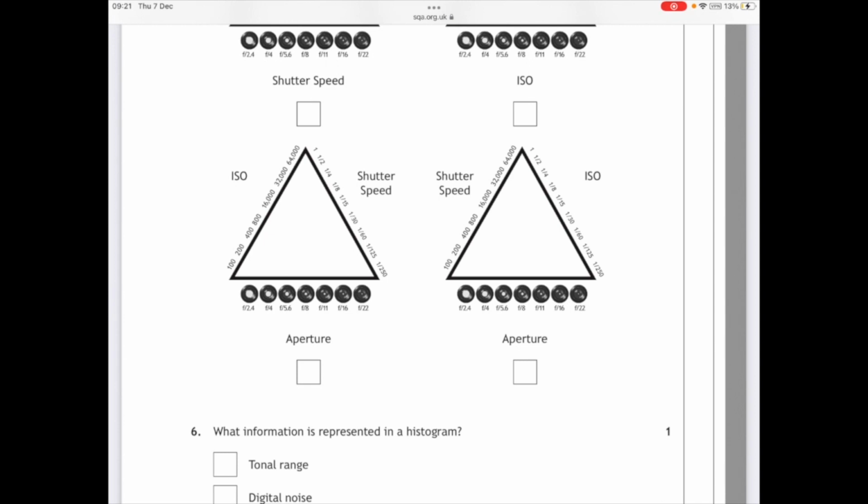So we've got 125th, a 60th, a 30th, half a second, and so forth. We've got the ISO numbers which double, so that's the sensitivity of the sensor: 100, 200, 400, 800. And at the bottom we have the aperture numbers. Remember, the aperture is the hole in the lens that the light travels through. So we've got a large aperture, f2.4, and then a small aperture, f22. Hopefully that bit makes sense.